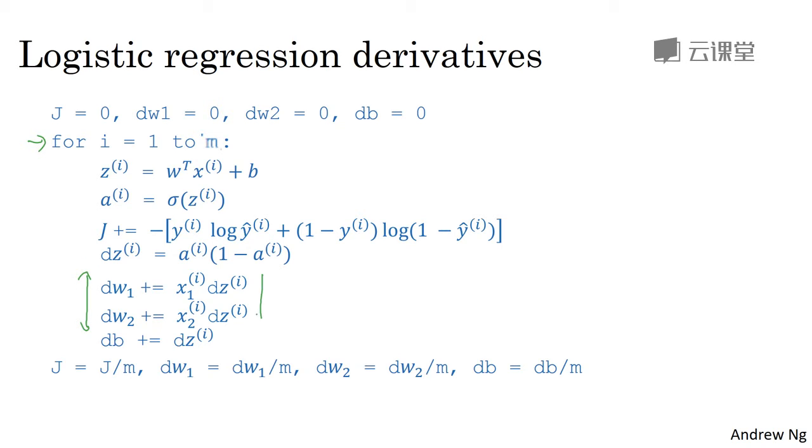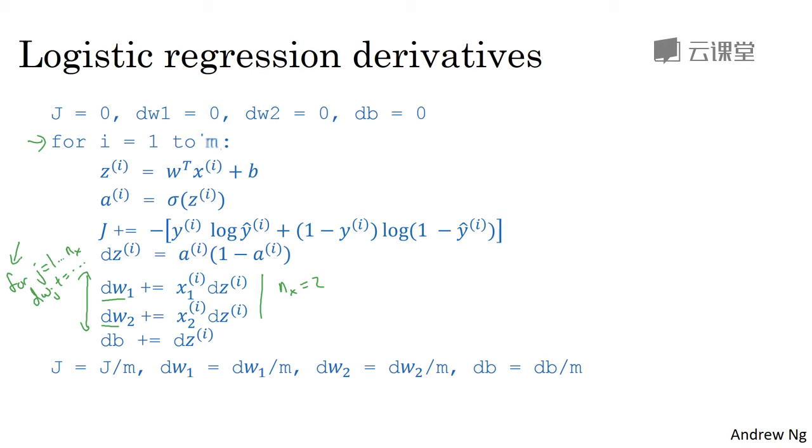In our example, nx equals 2, but if you had more features than just two, then you need to have a for loop over dw1, dw2, dw3, and so on. So it's as if there's actually a for j equals 1 to nx, where dwj gets updated. We'd like to eliminate this second for loop. That's what we'll do on this slide.